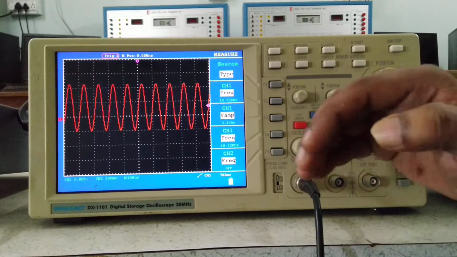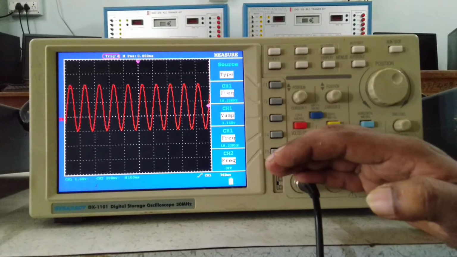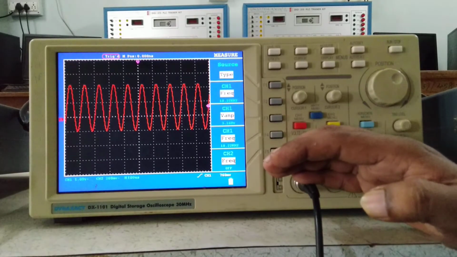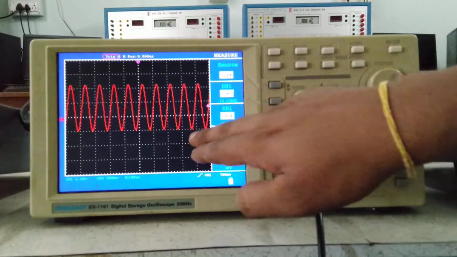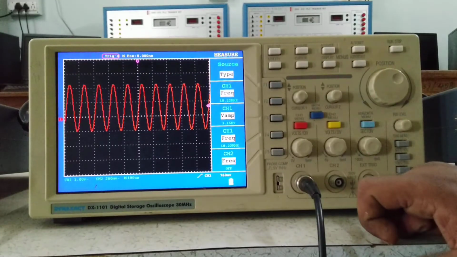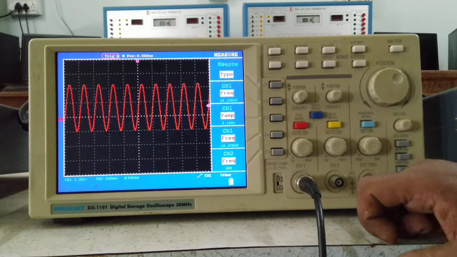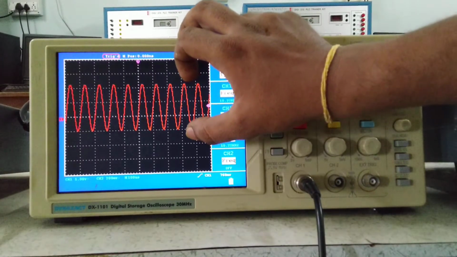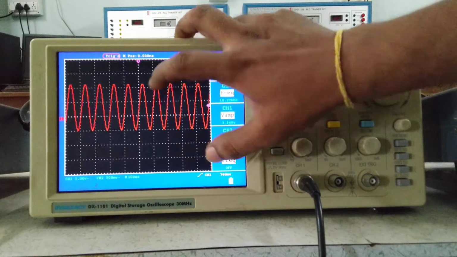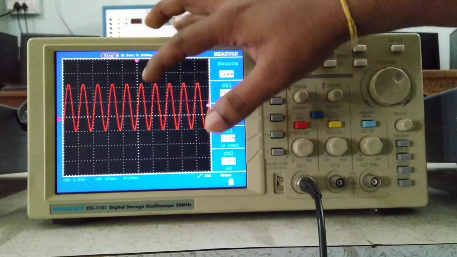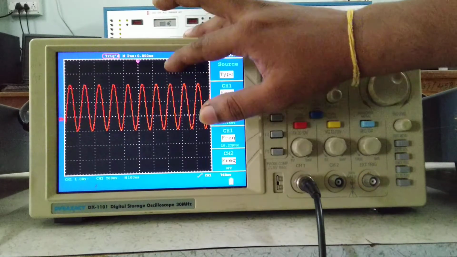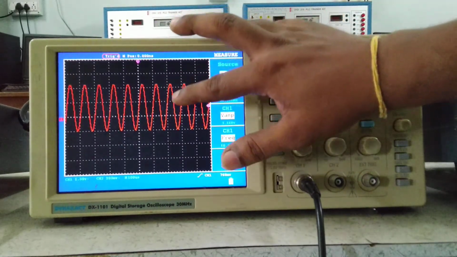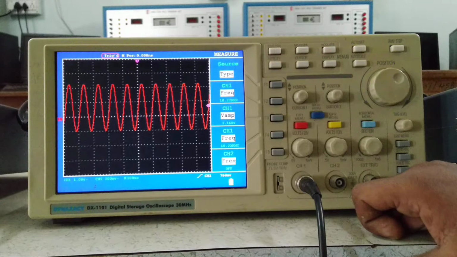In practical life, or in real-time operations, every time the signal doesn't appear in such a uniform manner. Sometimes any signal would have some spikes in it, in terms of amplitude, or we can say on the y-axis there would be some spike.